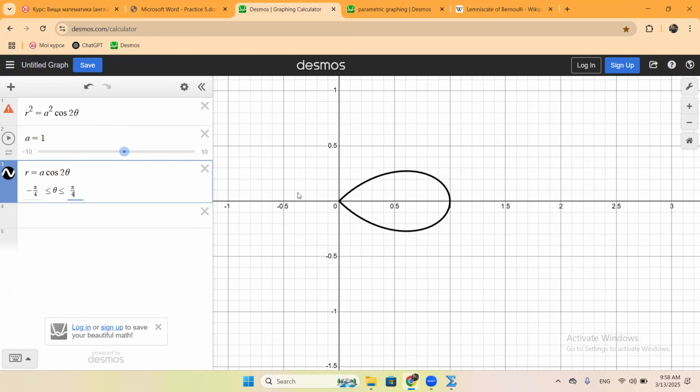If we choose such bounds, we will find this part, and it will be our figure. So we will find this part and just multiply it by 2. This is the idea.